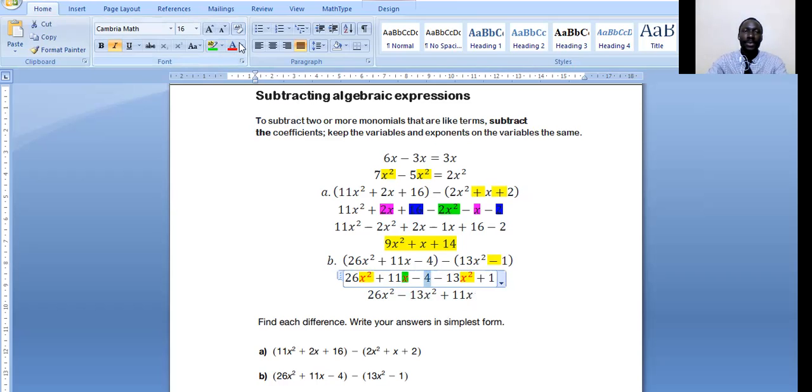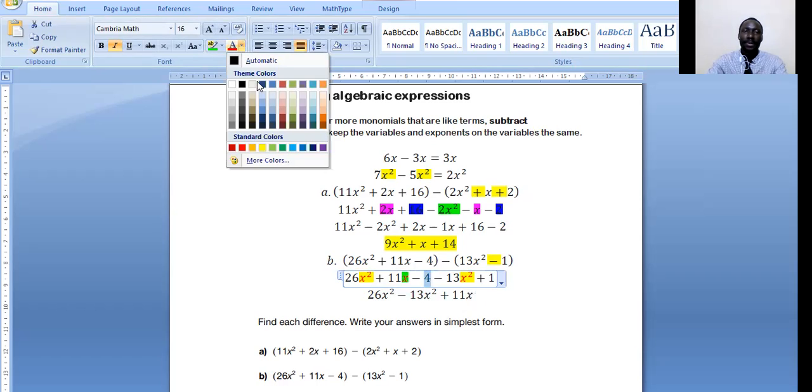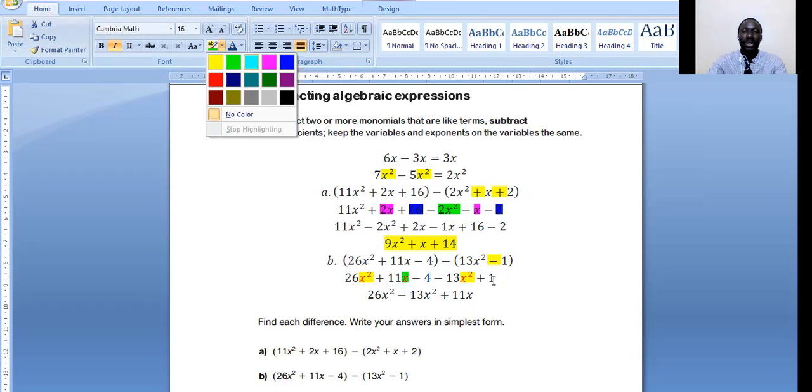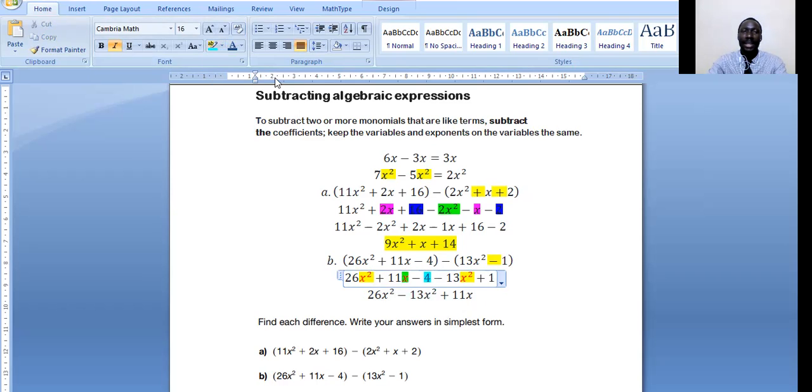We can put it together with this other one. Why is that so? It's so because they are the only numbers without x and without x squared. So what are we going to be having? We are going to have minus 4 plus 1.